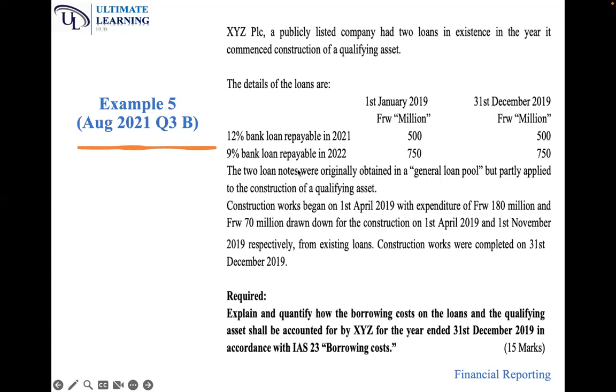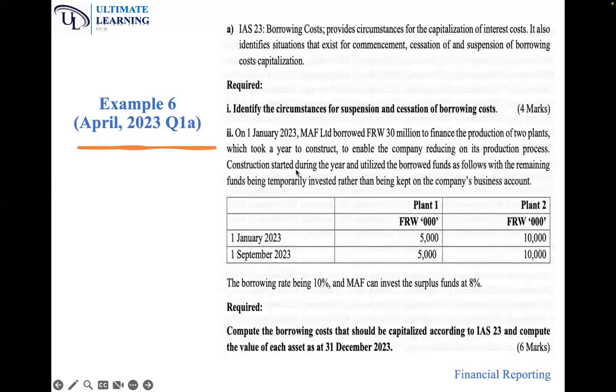And there is also example 6, which was from this year, April sitting. So we have 6 examples. Our time can only enable us to cover 3 examples, and I'll choose examples that have got different scenarios, which are not related.